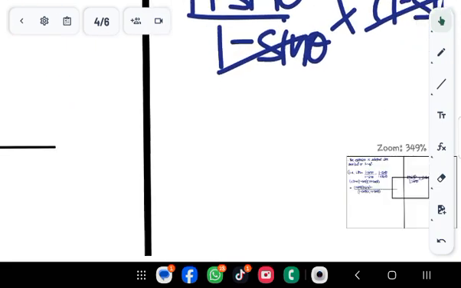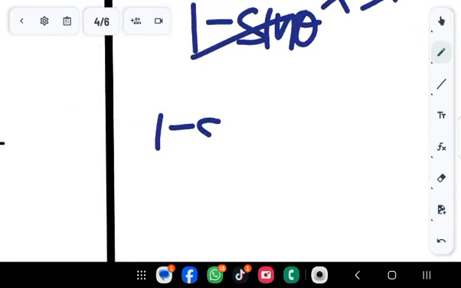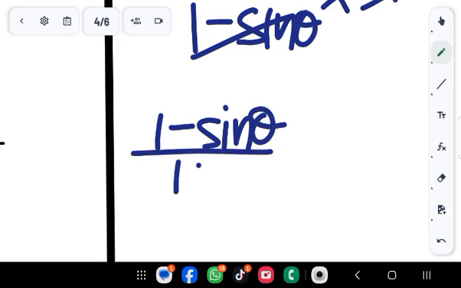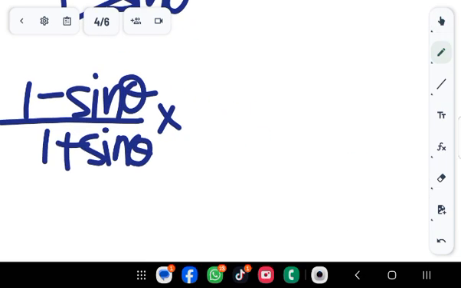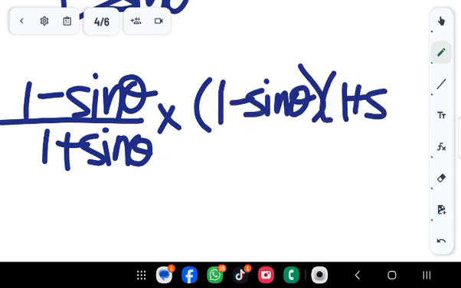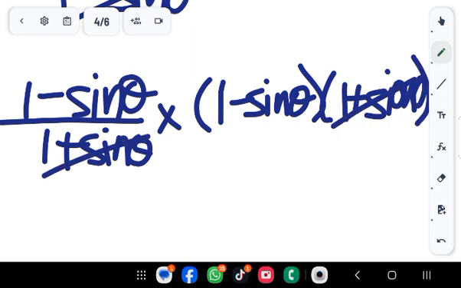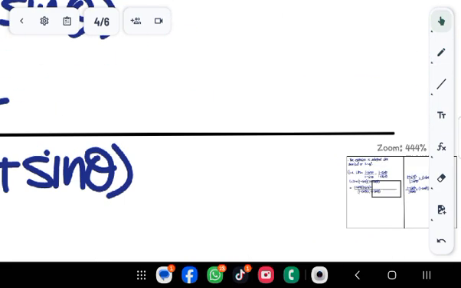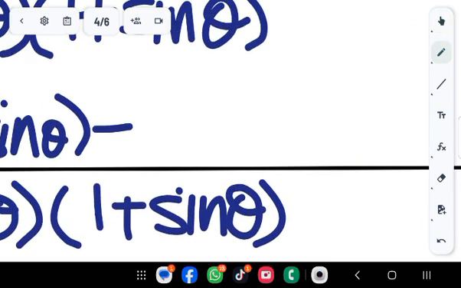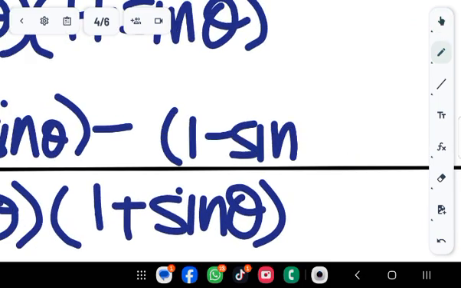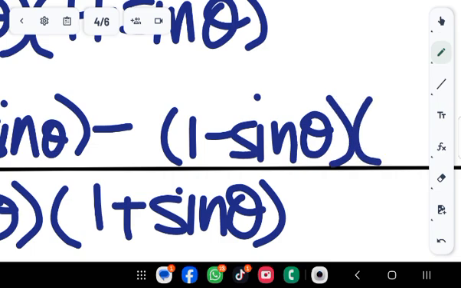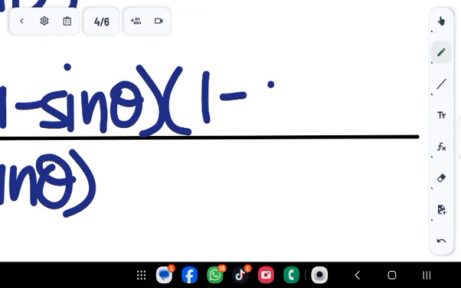So 1 minus sine theta over 1 plus sine theta multiplied by 1 minus sine theta times 1 plus sine theta. The 1 plus sine theta cancels, and you're left with 1 minus sine theta times 1 minus sine theta.